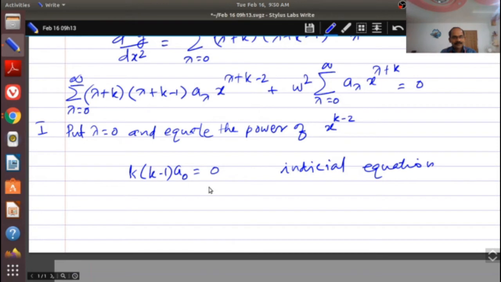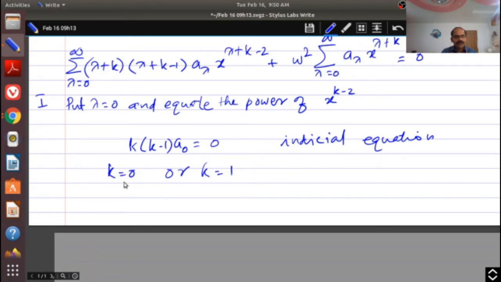And here in the indicial equation A0 is non-zero. So from the indicial equation you have either k equal to 0 or k equal to 1.